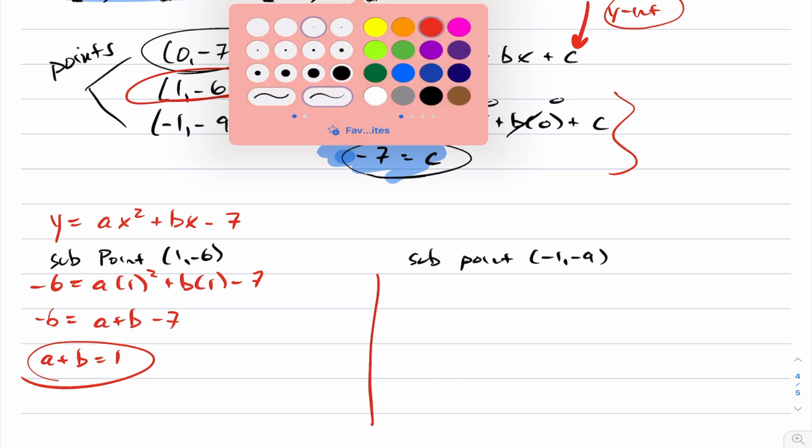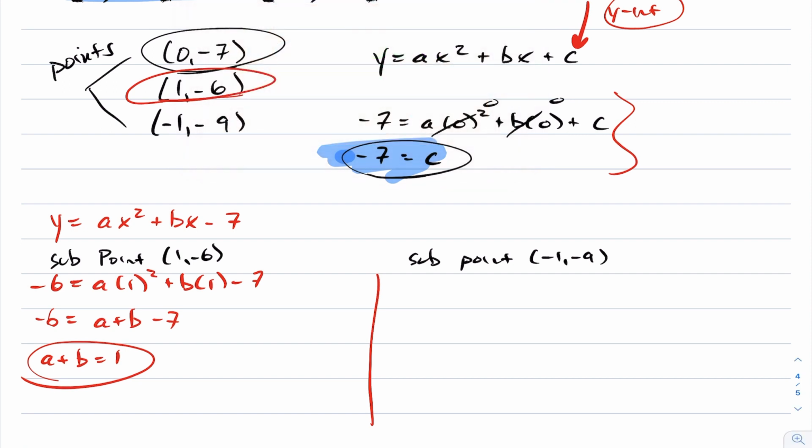So now everywhere I see a y, I'm going to be changing that to a -9 and change my x value to a -1. So this is going to be -9 equals a times (-1) squared plus b times -1 minus 7. In which case we get -9 equals a minus b minus 7. I'm going to add 7 to both sides. I get -2 equals a minus b.